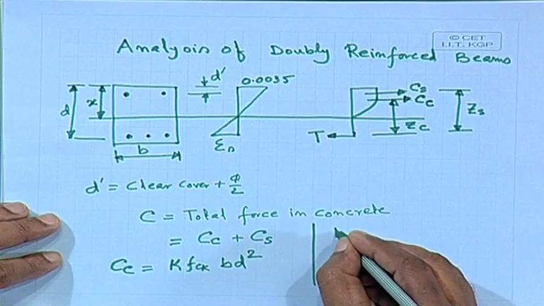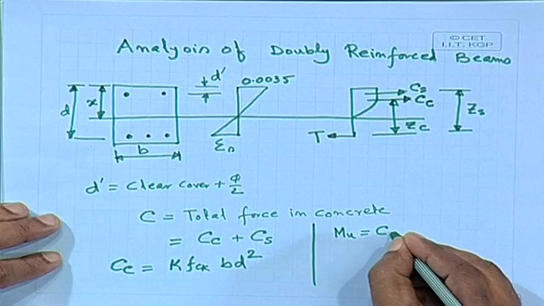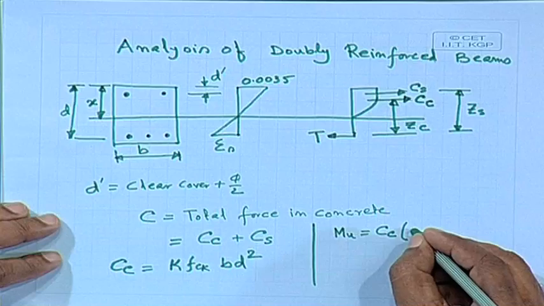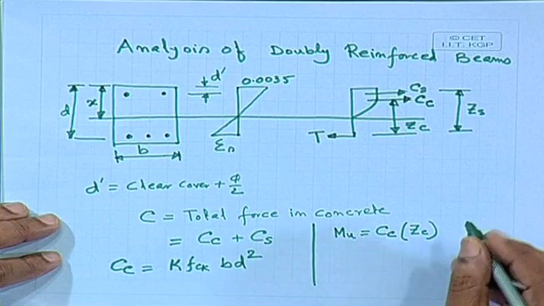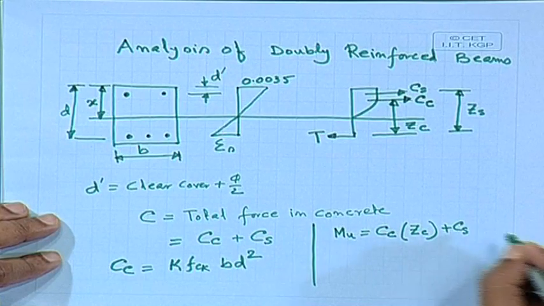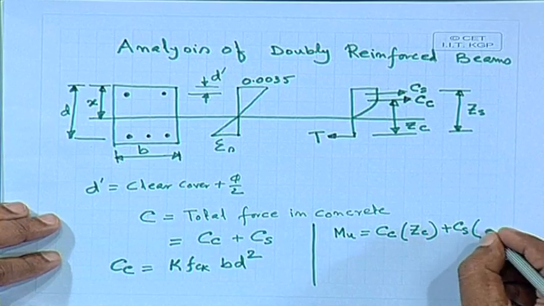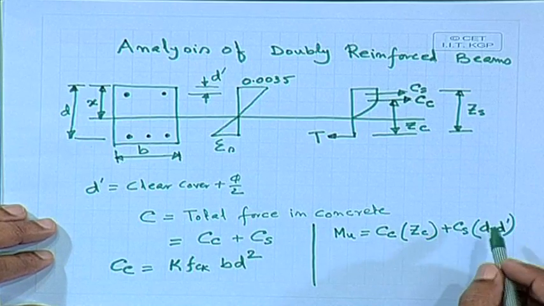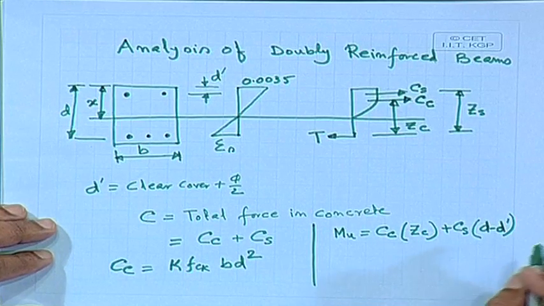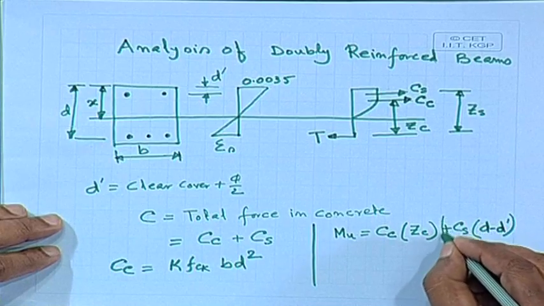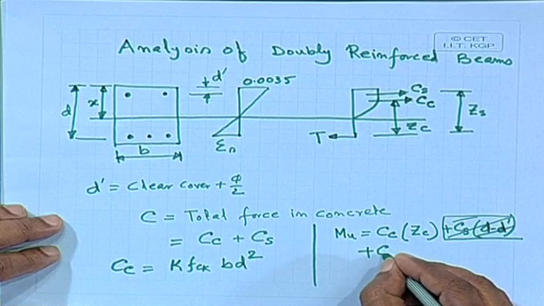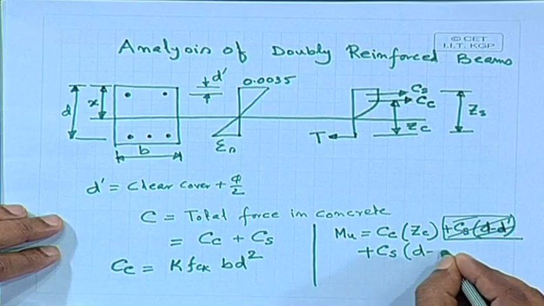So, we can write down Mu equal to Cc, the concrete force, times Zc the lever arm, plus Cs times d minus d dash.